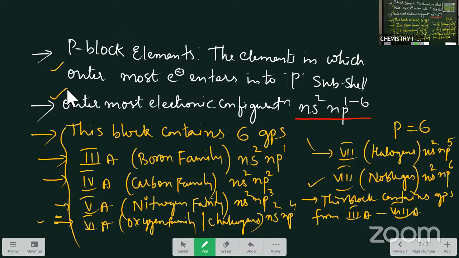What is the nature of these elements? Which elements are found in this block?